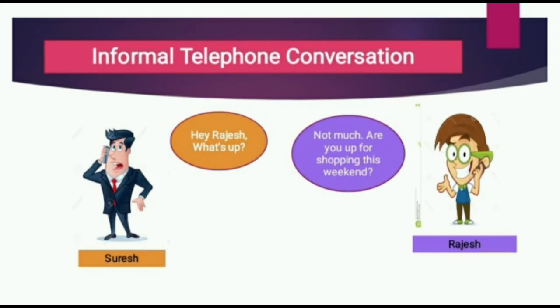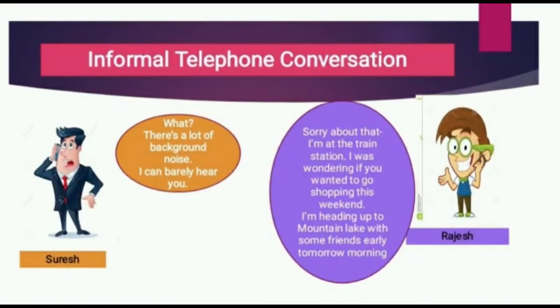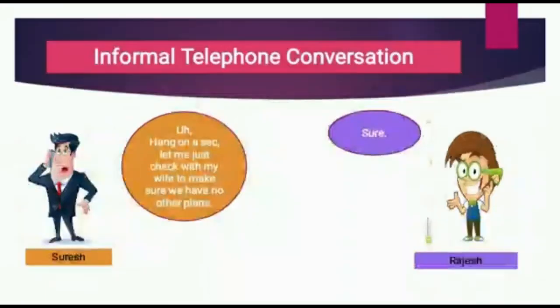Rajesh is on the phone. Suresh: Hey Rajesh, what's up? Rajesh: Not much. Are you up for shopping this weekend? Suresh: What? There's a lot of background noise. I can barely hear you. Rajesh: Sorry about that. I am at the train station. I was wondering if you wanted to go shopping this weekend. I am heading up to Mountain Lake with some friends early tomorrow morning.